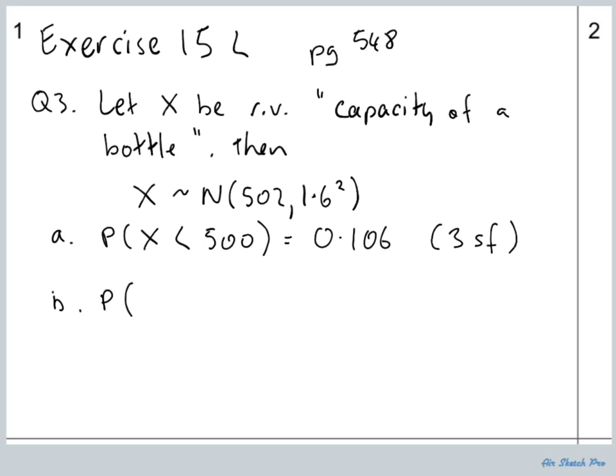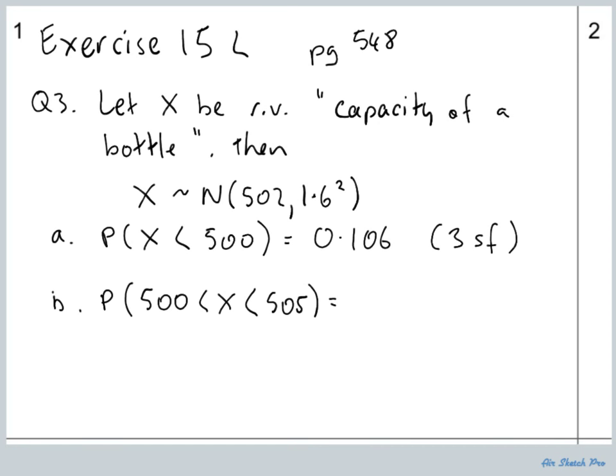So we have the probability that X is between 500 and 505, like so. So I put 500 in my lower bound, and that is equal to, calculator usage again, menu 5, 5, 2, lower bound this time is 500, upper bound is 505, the mean is 502, and the standard deviation is 1.6.